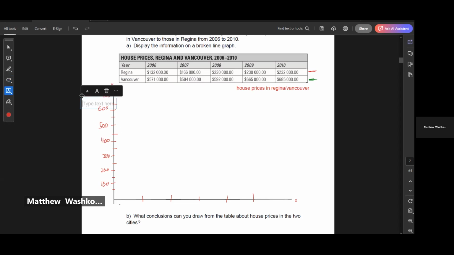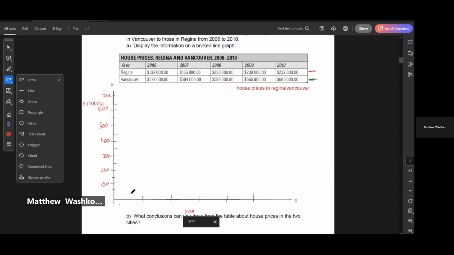So let's label our axes. This is thousands of dollars, right? So $500,000. This here is year. Should probably label it too. 06, 07, 08, 09, and 10.